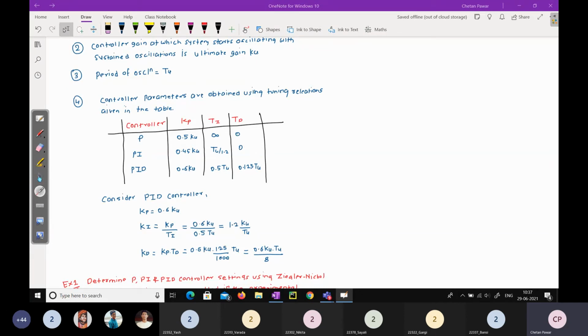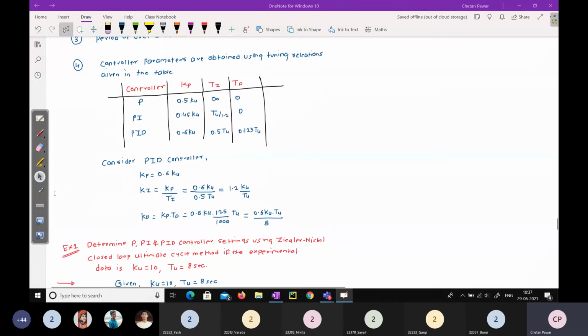If you consider the PID controller in this case and want to determine the values of Ki and Kd: Kp we already know, 0.6 Ku. Ki will be Kp upon Ti. So if you put Kp as 0.6 Ku and Ti as 0.5 Tu, Ki will be 1.2 into Ku upon Tu.